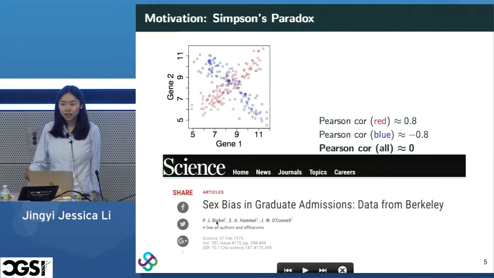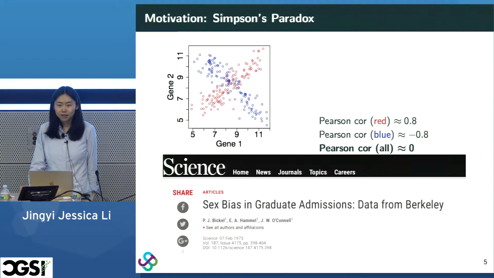But if you look at the admission rate department by department, you do not observe this. The reason for this discrepancy is that a lot of women apply to departments that in general have very low admission rates. That's why overall you see the admission rate for women is very low, but by department you don't see that. And this is a perfect example of Simpson's paradox.